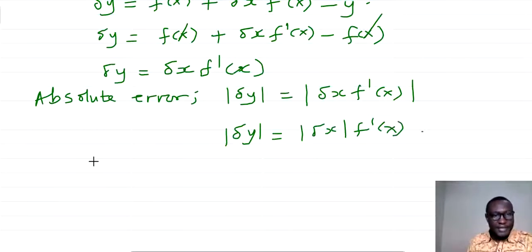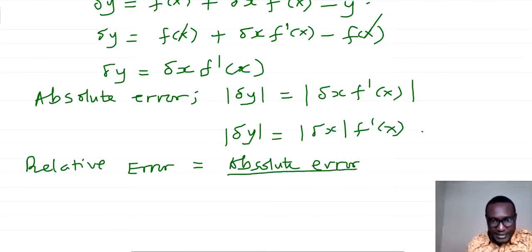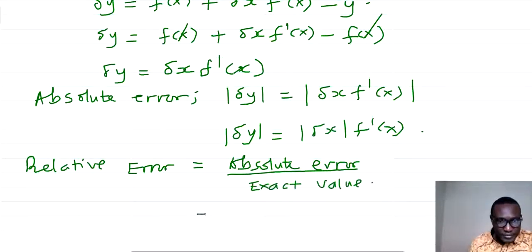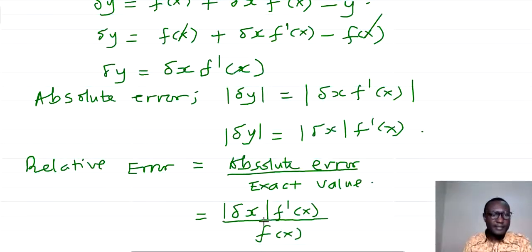And from here we can get the relative error, which is equal to the absolute error divided by the exact value. So relative error is equal to the magnitude of delta x f'(x) divided by f(x), where f(x) is our exact value. So this is what gives us the error in any differentiable function.